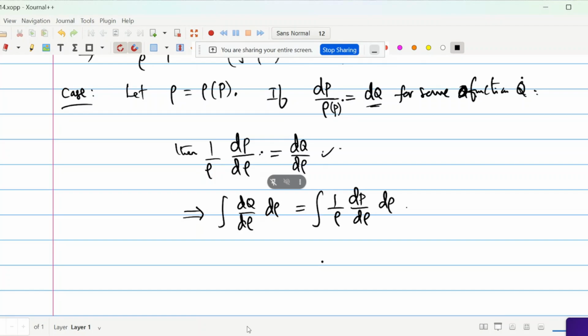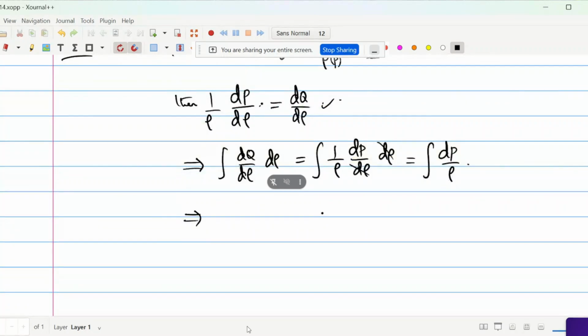D rho cancels, so what you have is the integral of dp by rho. What is the left hand side? Only q, sir. So q is actually the integral of dp by rho.